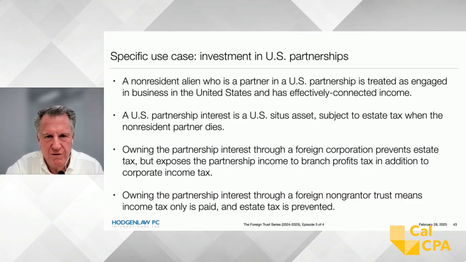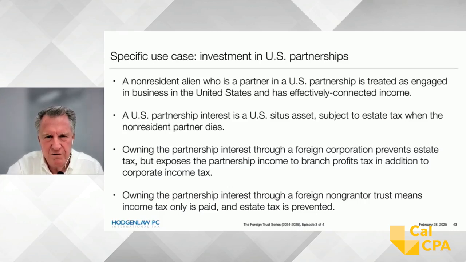And so people will put a foreign corporation with a U.S. subsidiary, and then the U.S. subsidiary owns the partnership interest. Well, now you have a C corporation that's going to receive income and file and pay income tax at corporate rates. And how are you going to get that money upstream to the foreign parent without a 30% tax withheld at source on the dividend?